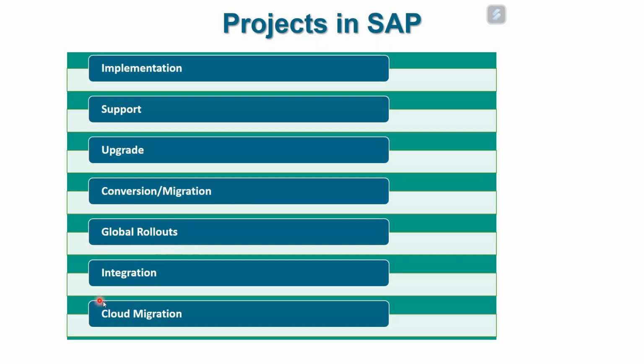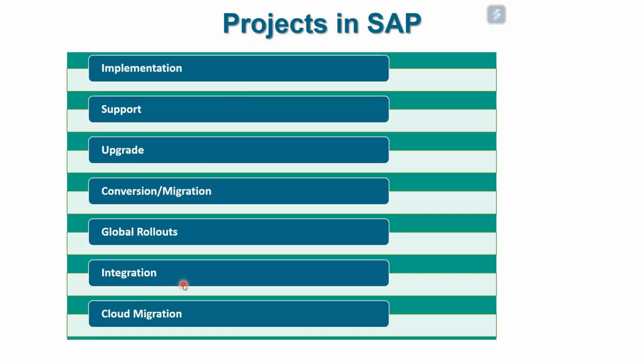Finally, you can be part of integration projects. You can integrate SAP with Salesforce, with dealer management systems, with document management systems. You can integrate with Amazon, with Flipkart. You can integrate SAP with tons of systems. And as part of the integration, a functional consultant is needed.